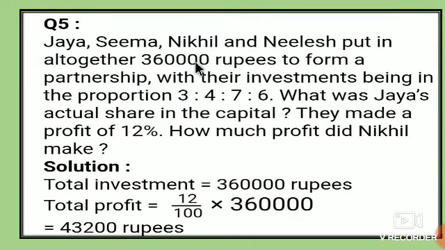This is the total capital, with their investment being in the proportion 3:4:7:6. Means 3 parts invested by Jaya, 4 parts by Seema, 7 parts by Nikhil and 6 parts by Nilesh. What was Jaya's actual share in the capital?